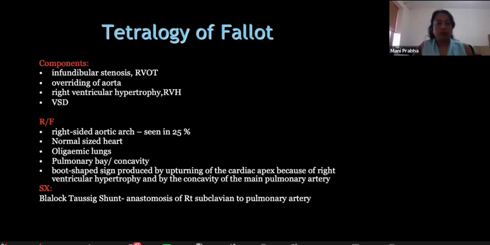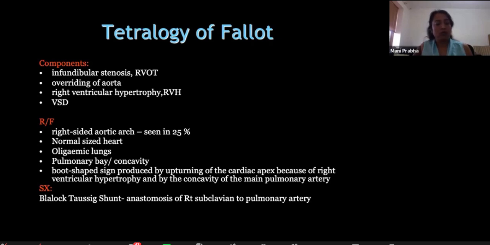So the components, as you already described, are infundibular stenosis, overriding of the aorta, right ventricular hypertrophy, and VSD. Radiological features: a right-sided aortic arch can be seen in 25% of cases. The heart is normal size.